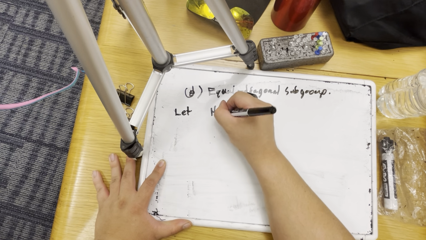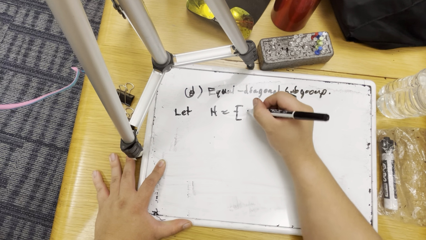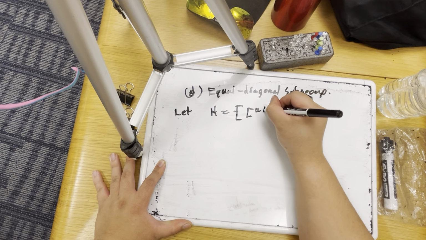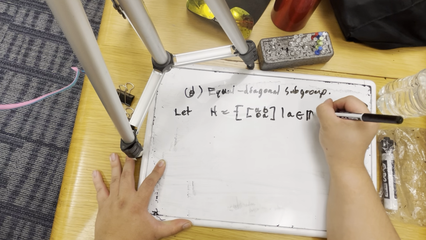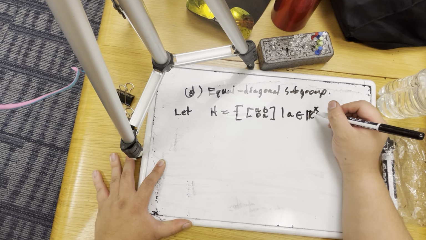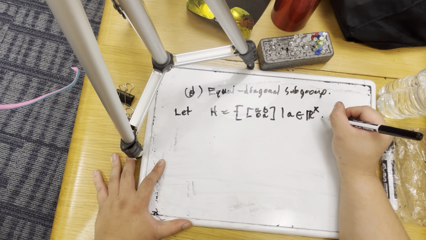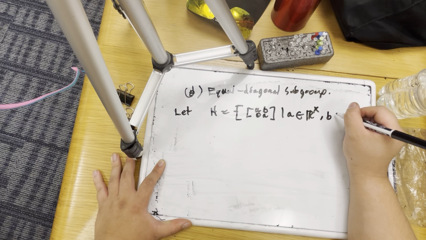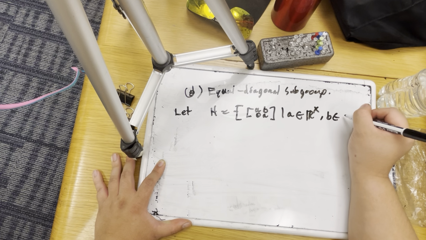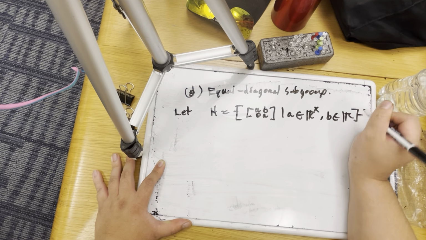So let H be equal to the set containing matrices of the form A, B, 0, A, such that A is within the units of the reals, which is just reals with the exclusion of 0, if I'm not mistaken, and let B belong to the reals proper.